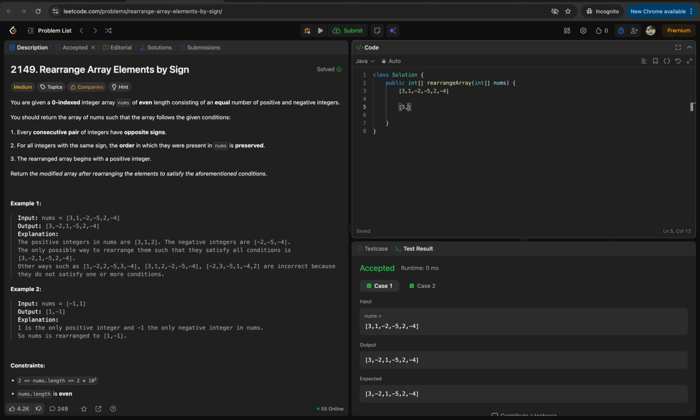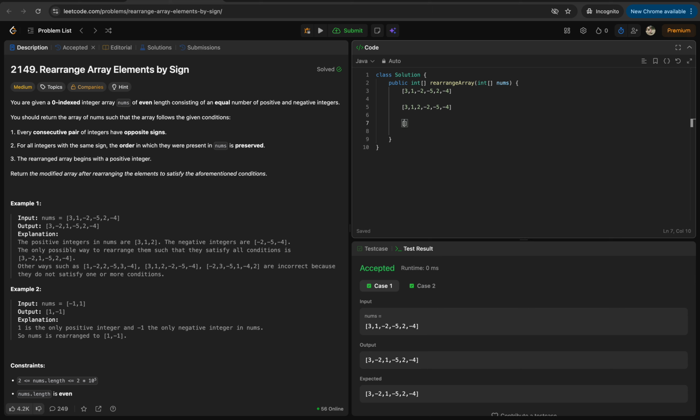We can move all the positive numbers to the beginning, 2, and then -2, -2, -5 and -4, and then we'll swap the even index elements with the negative ones. So here, we'll swap it with this one. Oh sorry, here, we'll swap it with this one.